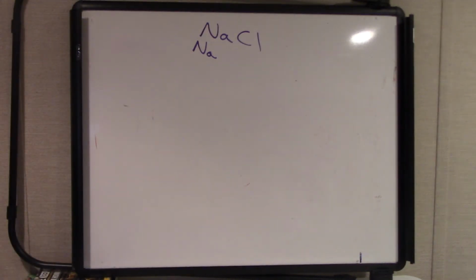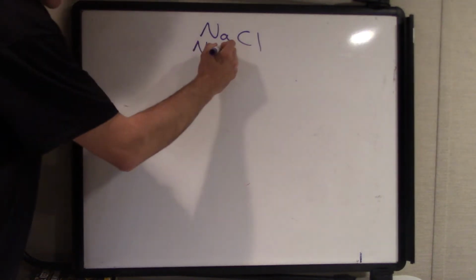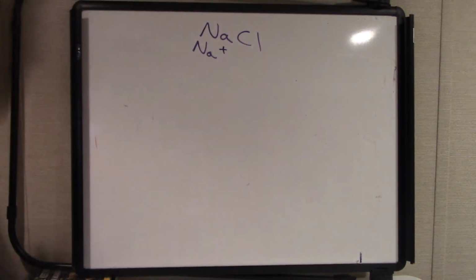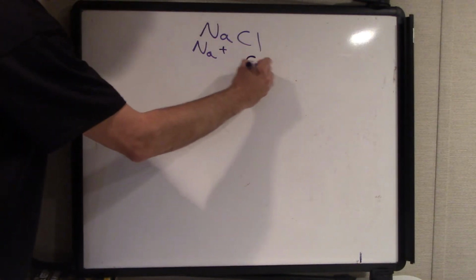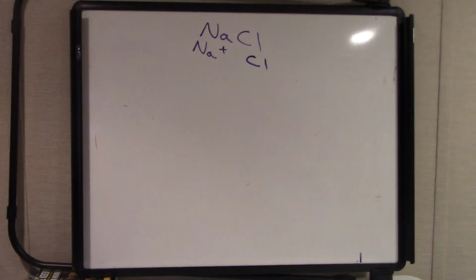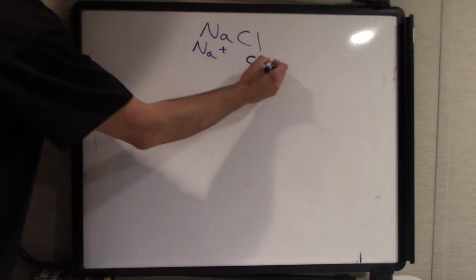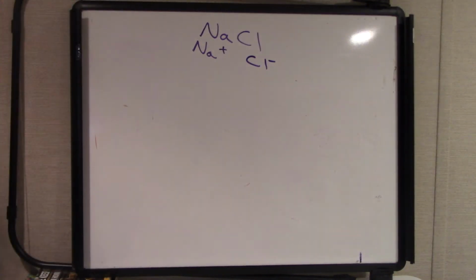Sodium comes from group 1A. As we saw before, things in group 1A are going to form +1 ions. Chlorine comes from group 7A. Things in group 7A are going to form -1 ions.